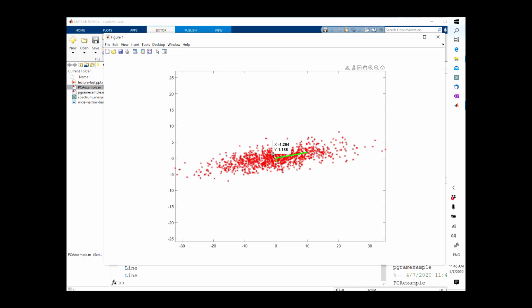Because I transformed it with this matrix A, it has now stretched it all out. And in fact, it's pretty easy to see that it stretched it in the direction of this long green vector right here, in both directions. This short green vector is showing the direction essentially that's orthogonal to the long green one.